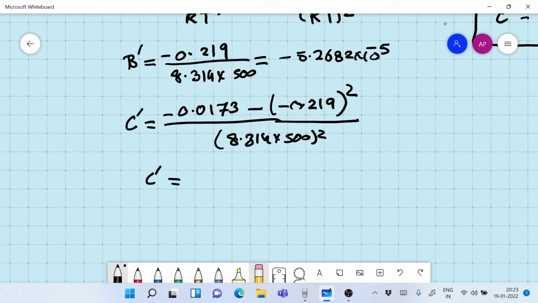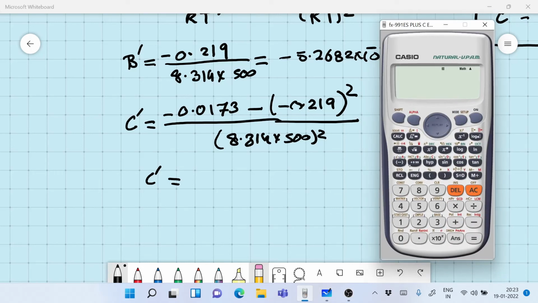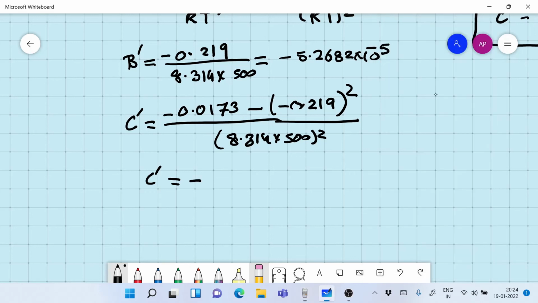So we have C dash as minus 0.0173 minus 0.219 the whole square divided by 8.314 into 500 the whole square, and that will be equal to minus 3.7765 into 10 raised to minus 9.